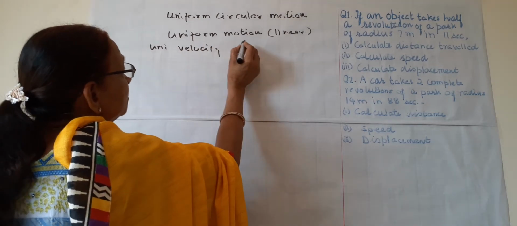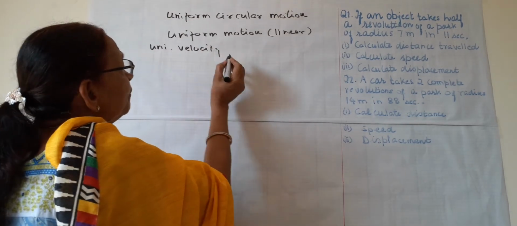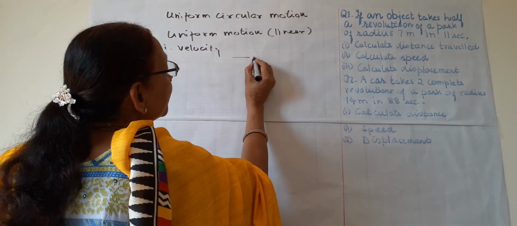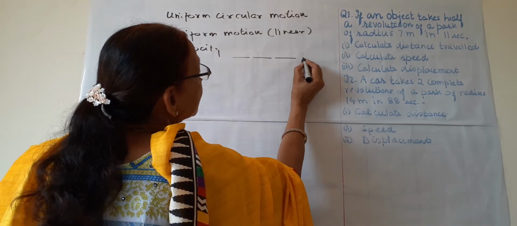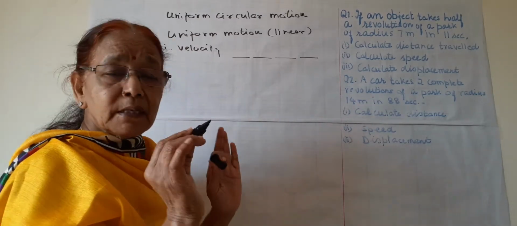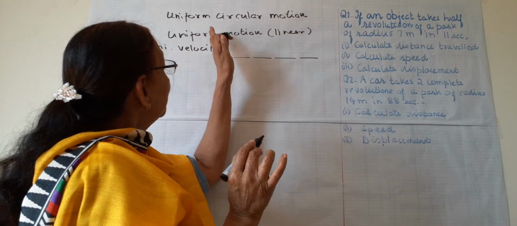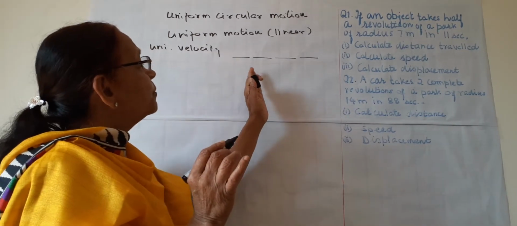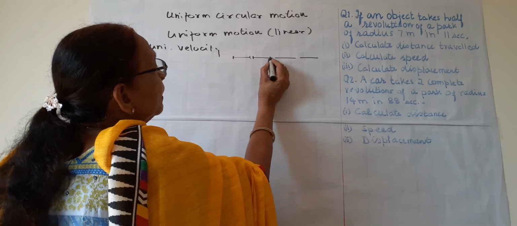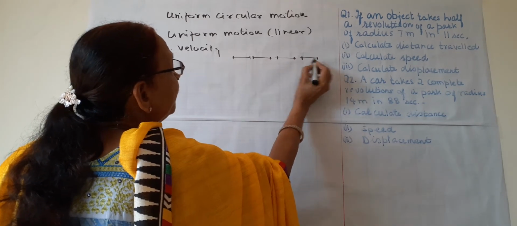So uniform motion or uniform velocity are when an object travels equal distances in equal interval of time. This is the definition of uniform.